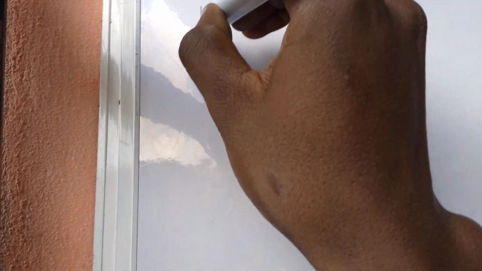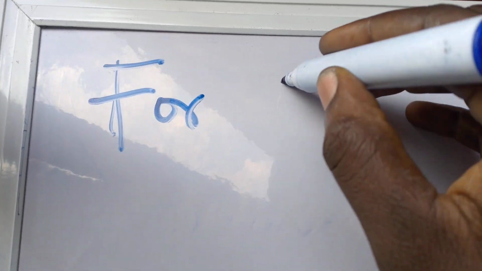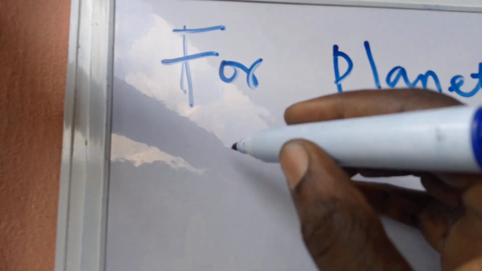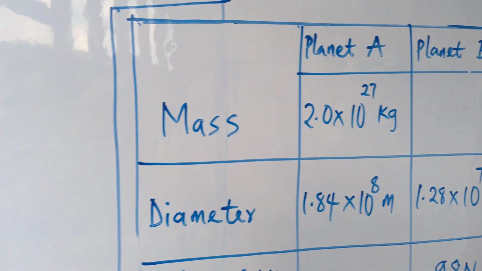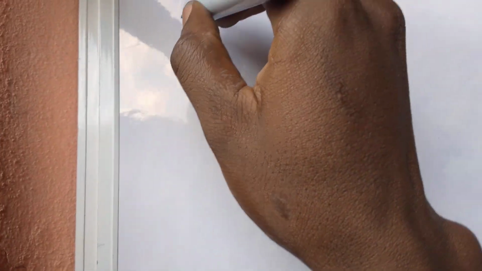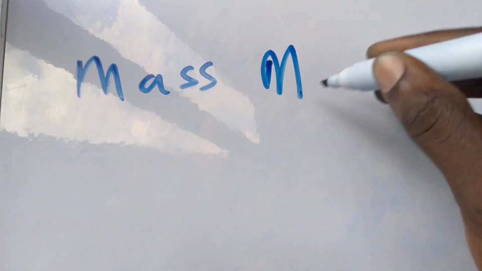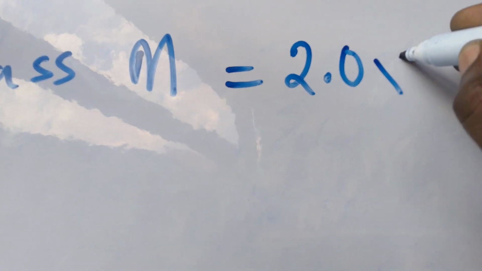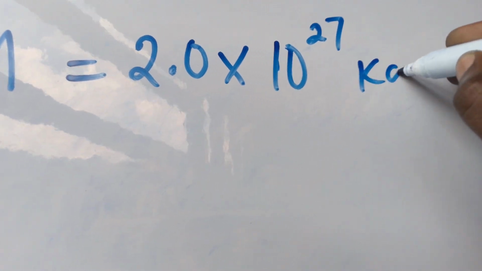Say for planet A, the first thing you take is the mass. The mass of planet A, m, is equal to 2.0 times 10 raised to power 27 kg.